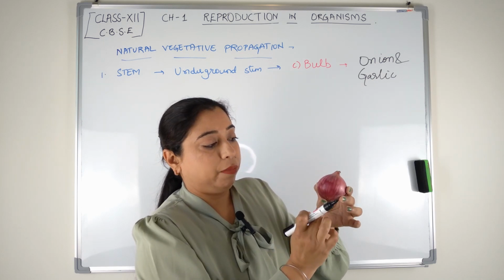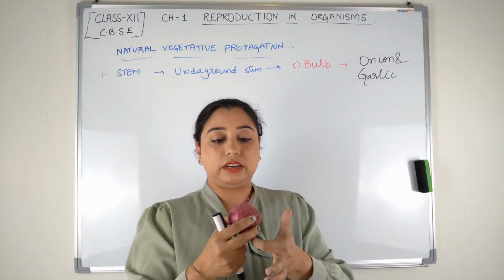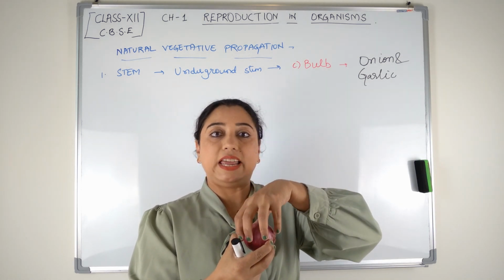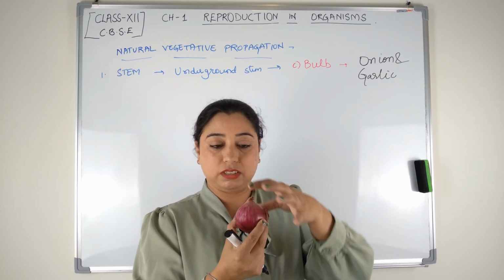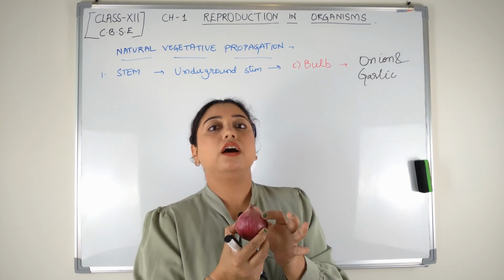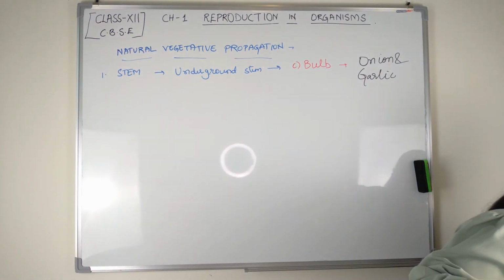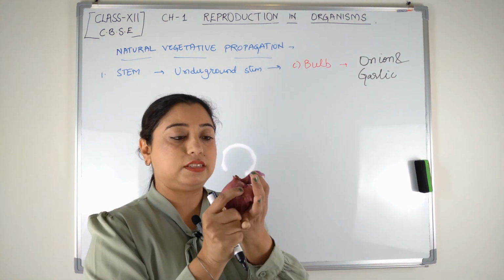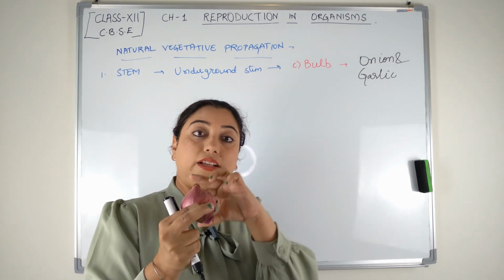Then above the stem is a covering. This entire covering is made up of fleshy or scaly leaves. This portion is the portion which we eat. This is the edible part of the onion bulb, okay? If I remove this outer covering, there is an outer papery covering surrounding the onion bulb.